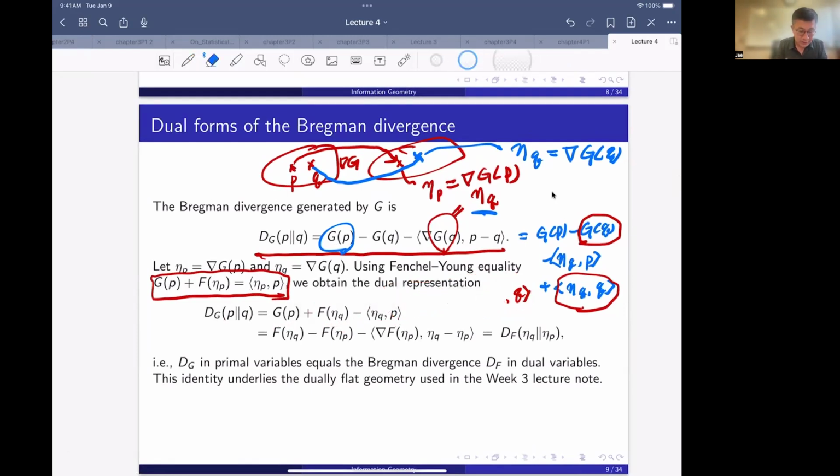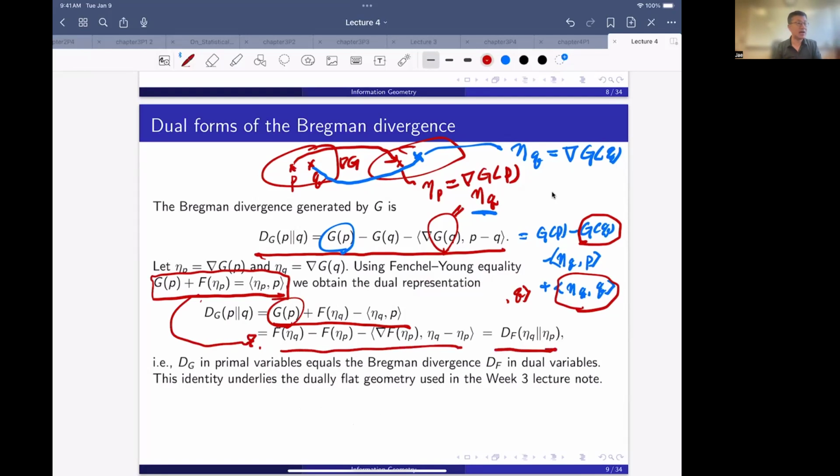Okay. So that gives this equality. And then now you express this G(P) the same way, right? G(P) is minus F(η_P) plus η_P·P. Okay. So use this, and then you can also do some further simplification. So you get this one, which is the Bregman divergence.